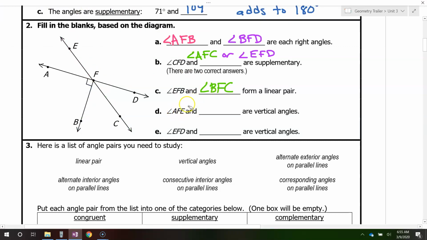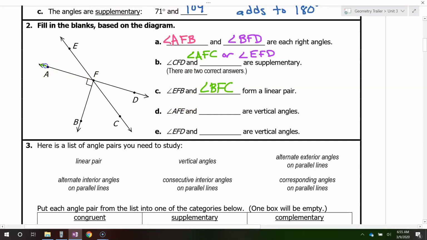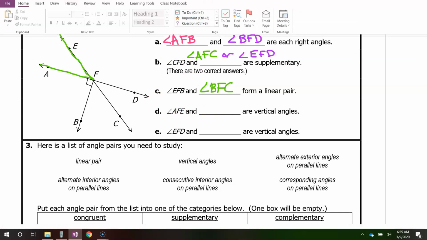Okay, angle AFE. All right, here's angle AFE. And what are vertical angles?